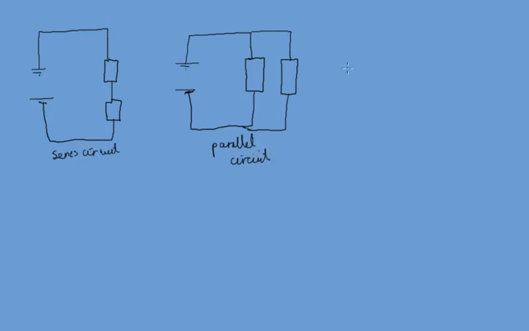And we also have a mixed circuit, which is just a combination of the two, the series and the parallel. We can have different branches coming off our circuits to make them a wee bit more complicated.